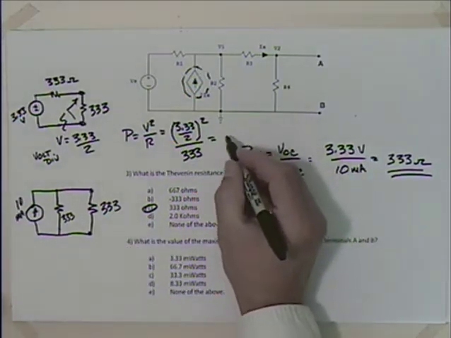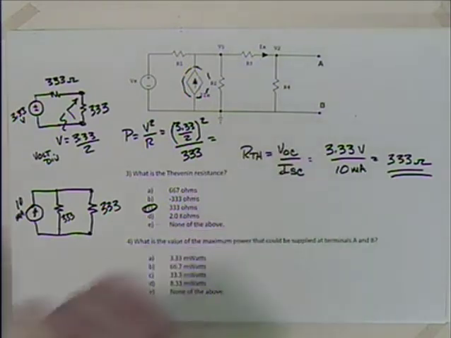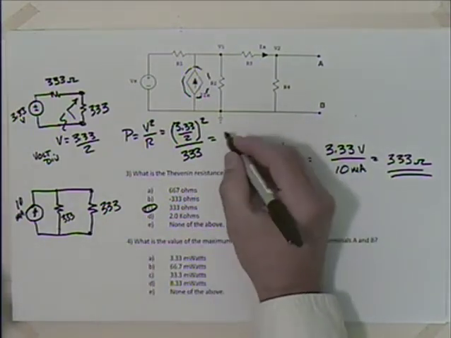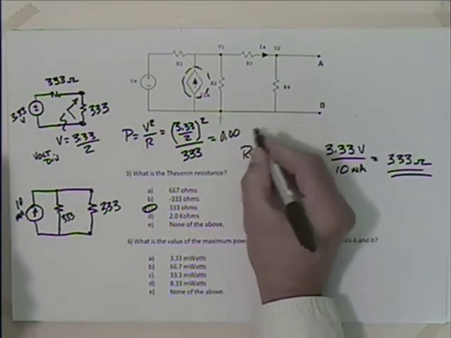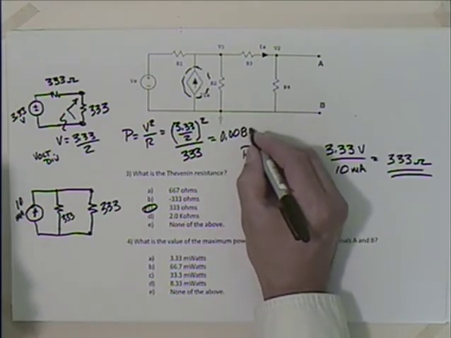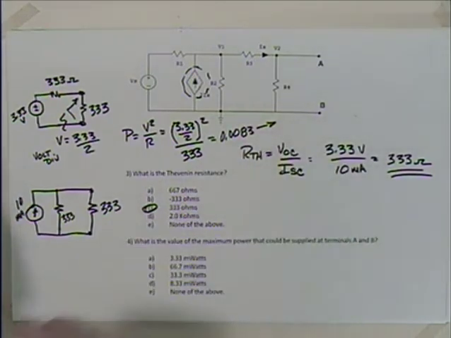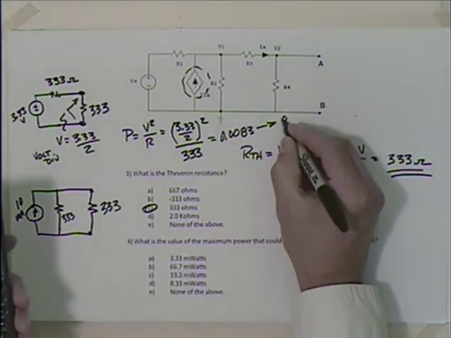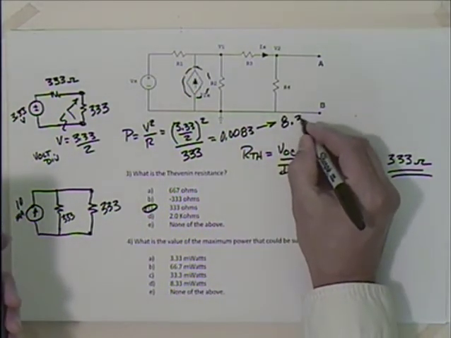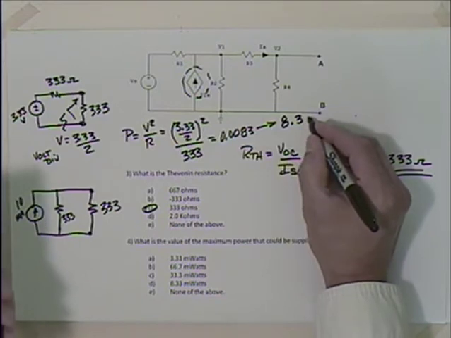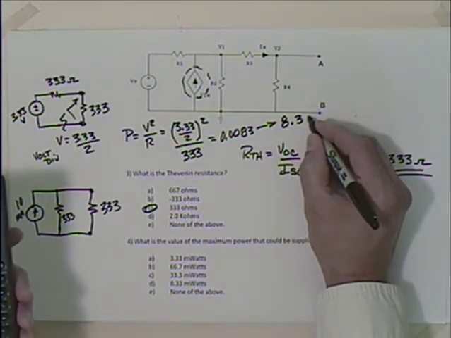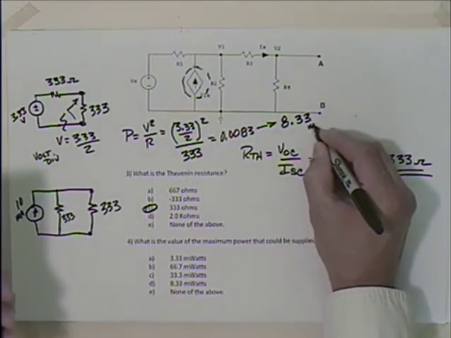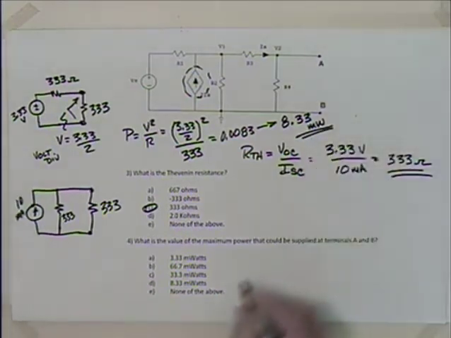So I get a real small number here, 0.0083, which I'm going to multiply by 1,000 to get milliwatts. 8.33 milliwatts. I have that answer?